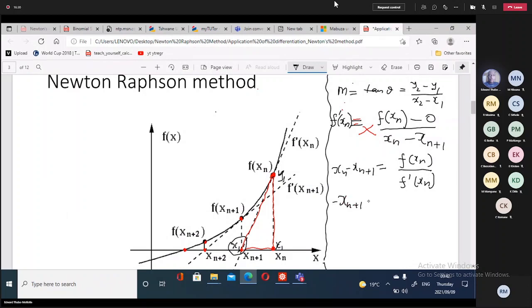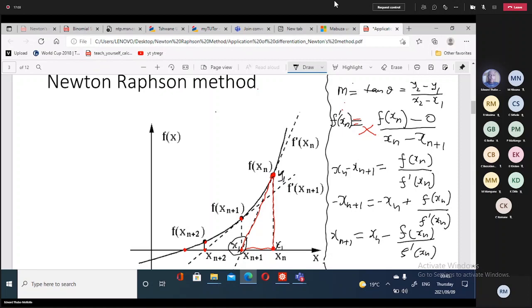So this means we have minus xn plus 1 equals minus xn plus f xn over f prime xn, and multiply everything by negative. We have xn plus 1 equals xn minus f xn over f prime at xn.